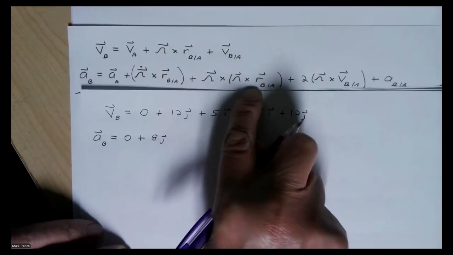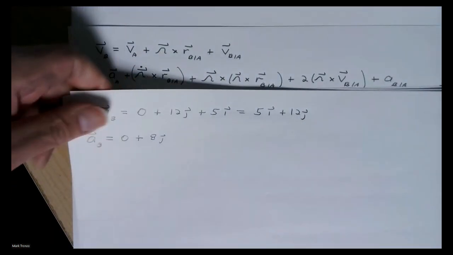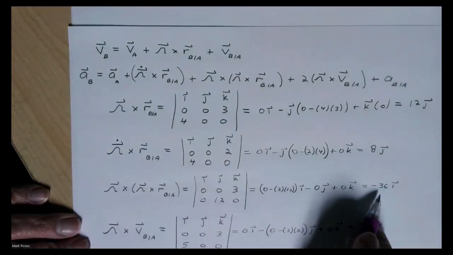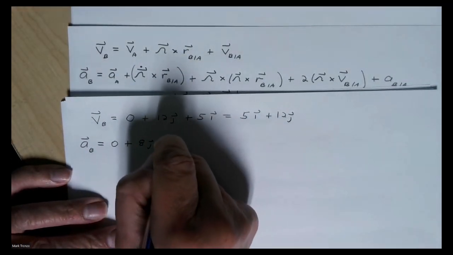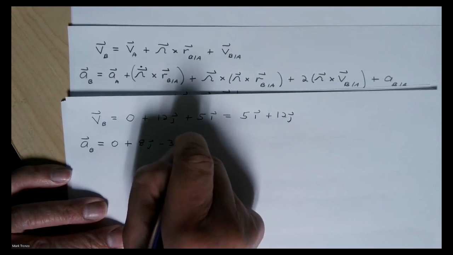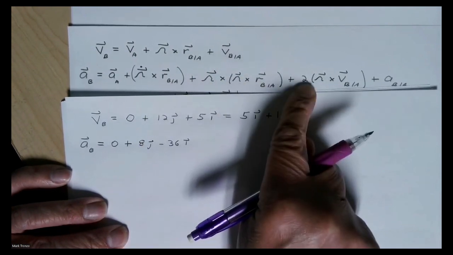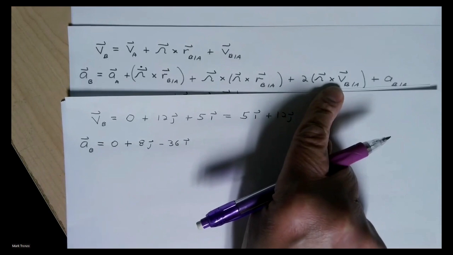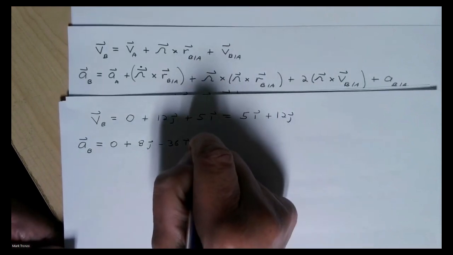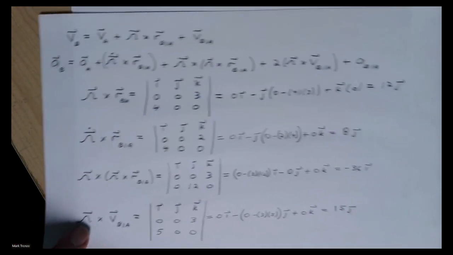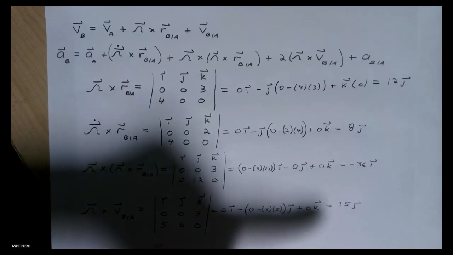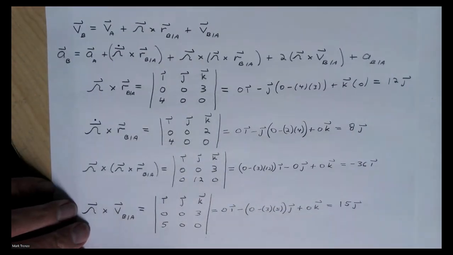Then this double cross product here was minus 36I. Then over here we have 2 times this cross product, which was omega cross VBA, which is 15J.